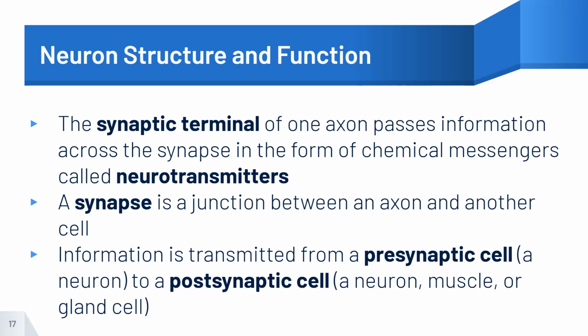And so the chemical message is going to be sent across that synapse, that junction between the two cells. So again, the presynaptic cell is the one that comes first, and the postsynaptic cell is the one that comes after it. The postsynaptic cell could be another neuron, it could be a muscle, it could be a gland.